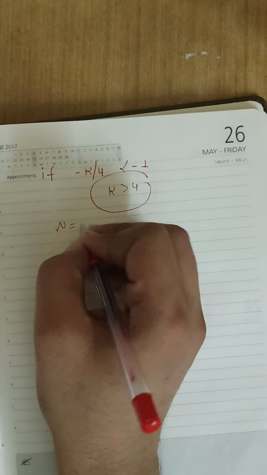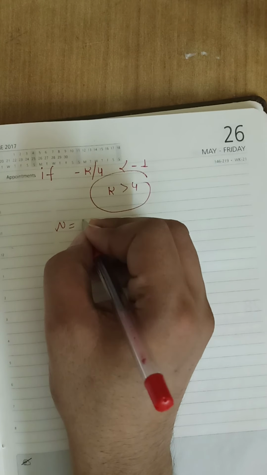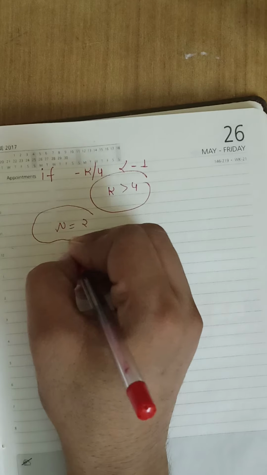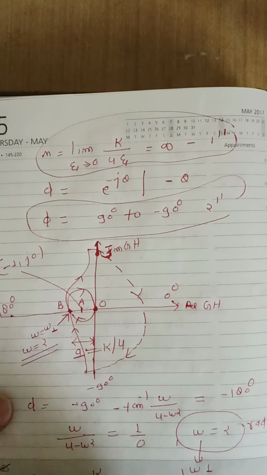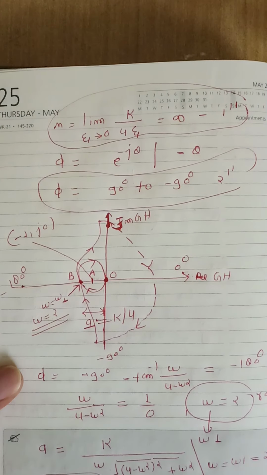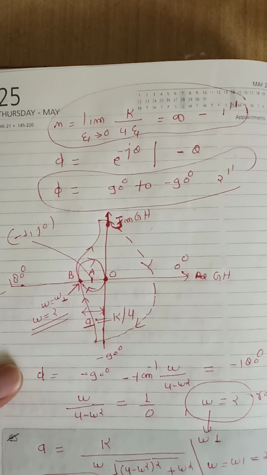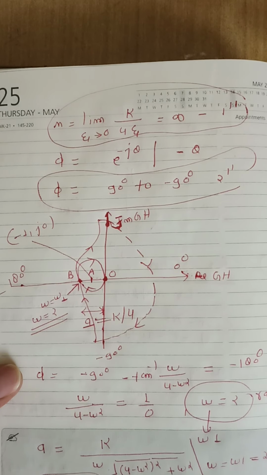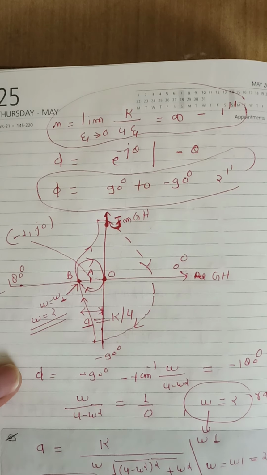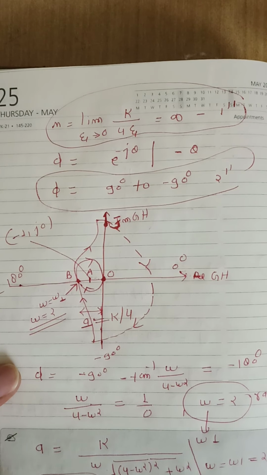So here N becomes 2. How can we say N becomes 2? Because N means the number of encirclements of the critical point made by the Nyquist plot of the open loop transfer function.